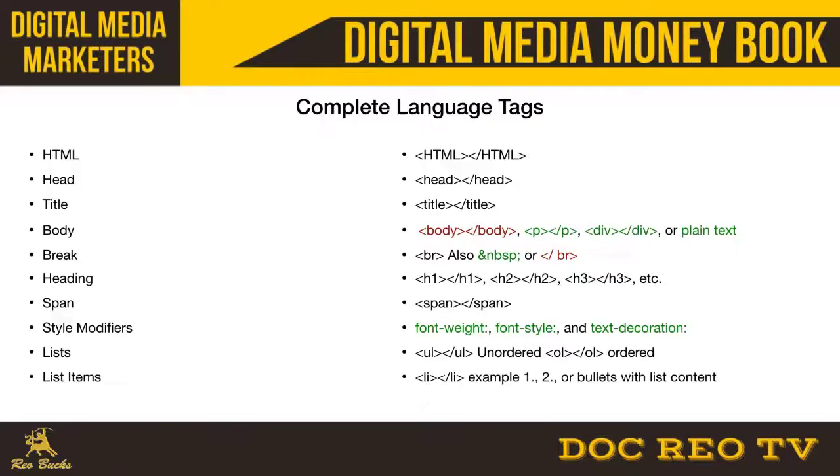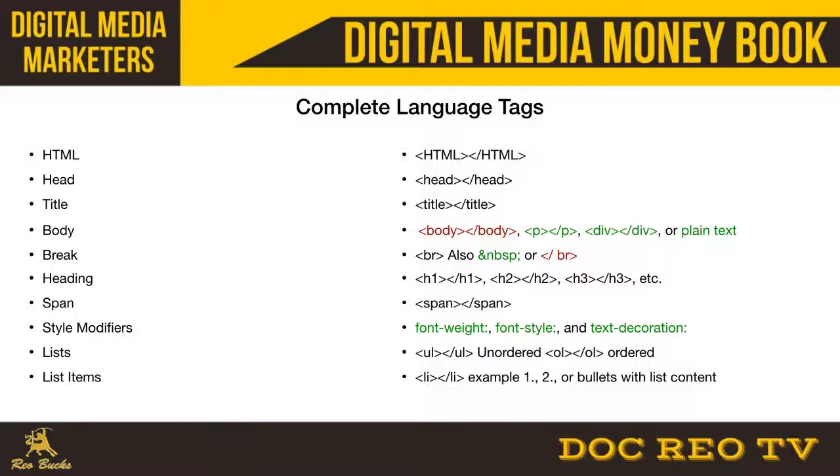So let's go over complete HTML tags real quick just to give you an idea. If you're looking at basic HTML, you will see these 4 tags right off the bat. That is HTML, open and close, head, open and close, title, open and close, and body, open and close. If you're working in a WYSIWYG editor like the WordPress WYSIWYG editor, you will see the paragraph tag, open and close, more.